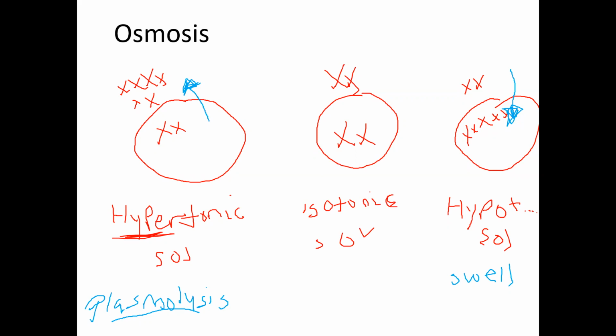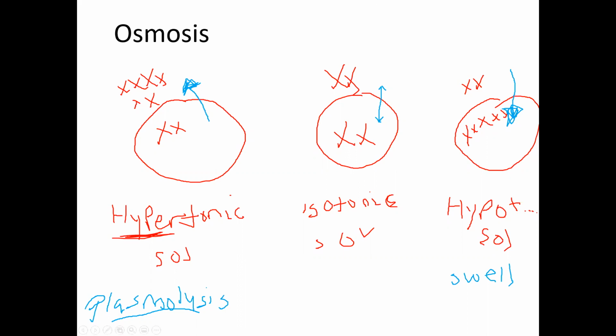And so in this case, because there's the same amount of solute outside the cell as there is inside the cell, there's not going to be any rushing of water, okay? Water is going to be entering and exiting the cell at the same rate. So there's no change in the cell appearance, okay? All right, that's the end of this video.